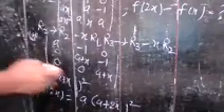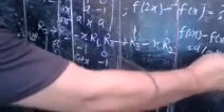Now putting all those values in f(2x) minus f(x), simplify, and finally check what your result is.